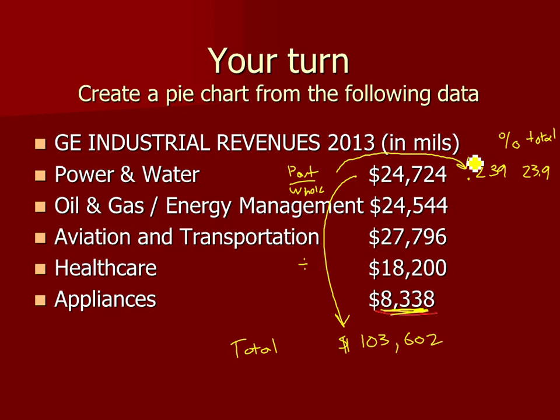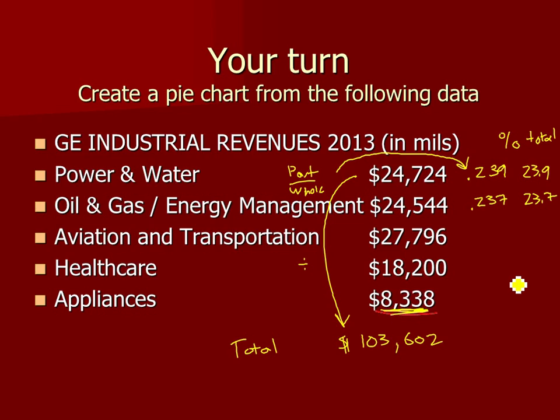Beautiful. That looks good. Perfect. 0.237, if we round up, which is about 24% or 23.7%. So almost 25% of their total revenues are from power and water.